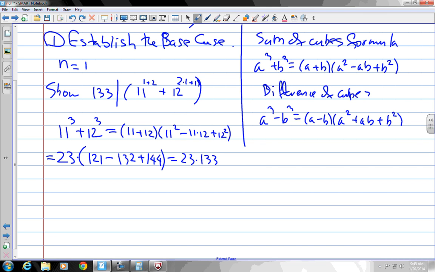Is that divisible by 133? Yeah, I mean, that's by definition. This number is 133 times something else, so it's divisible by 133, right? Therefore, divisible by definition.